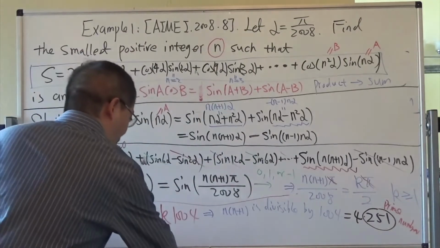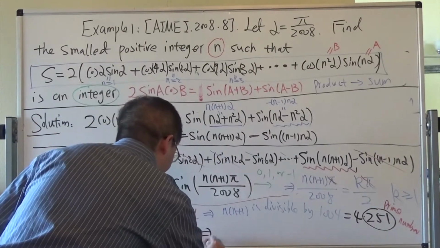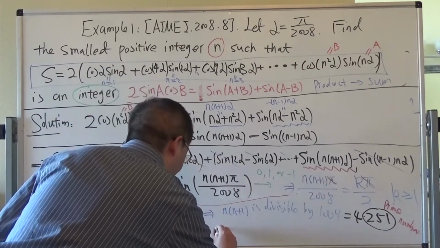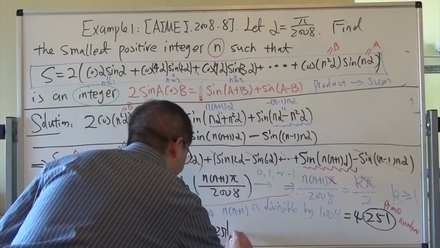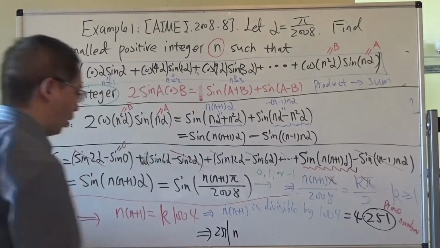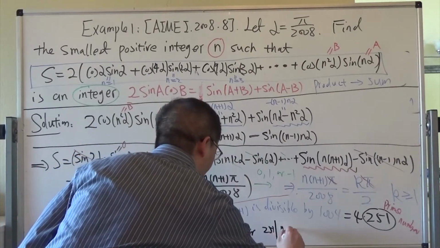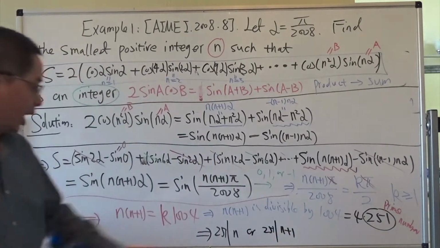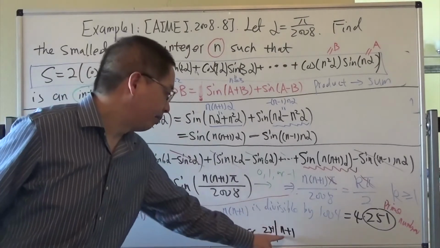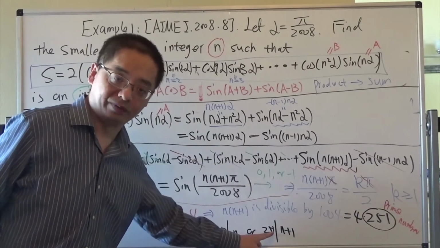So from here we derive that either n is divisible by 251 or n plus 1 is divisible by 251. This notation just means that n is divisible by 251 or n plus 1 is divisible by 251.